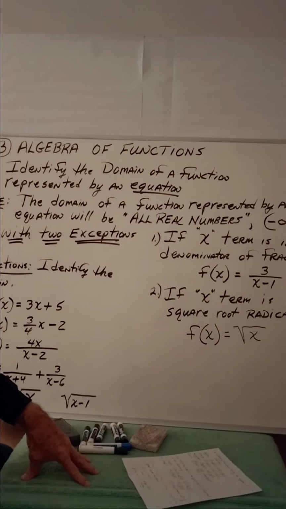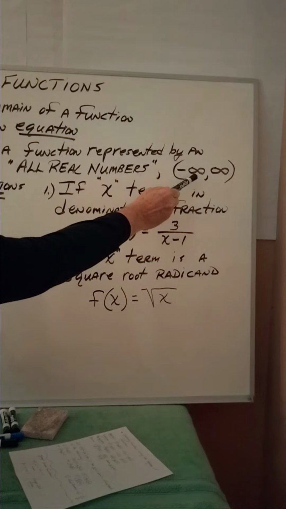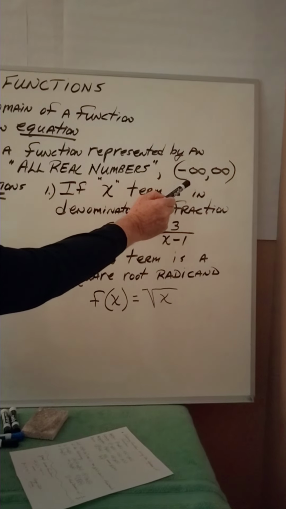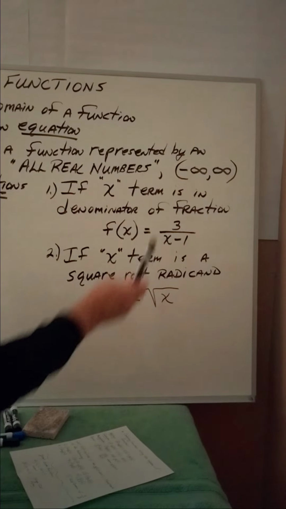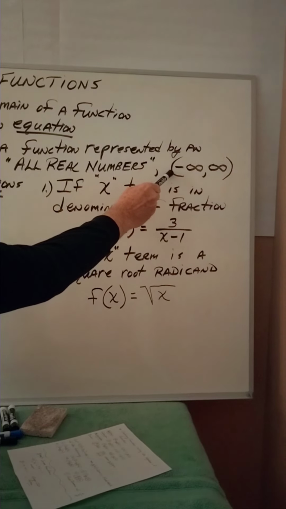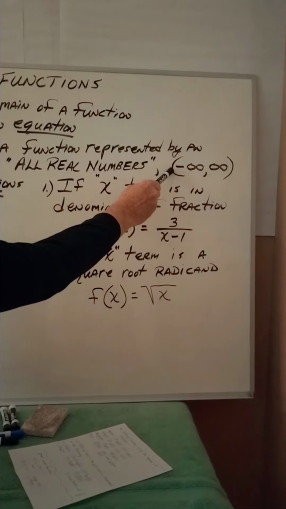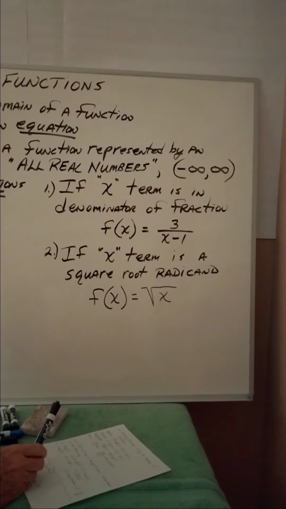which when we identify it, we will be using interval notation, and the interval notation for all real numbers is a parenthesis, negative infinity, comma, positive infinity with a closed parenthesis.